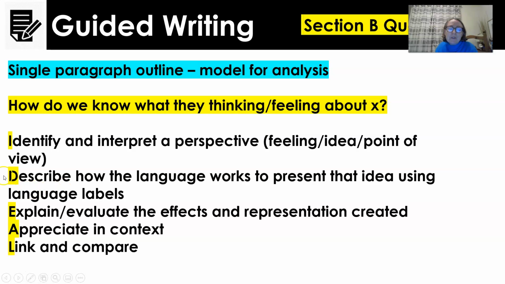Now, we want to be able to describe how the language works to present that idea. And we want to be using the full range of language labels. Now, again, describing how the language works is often integrated into a paragraph. So each of these doesn't necessarily represent a separate sentence, but can be integrated and embedded.